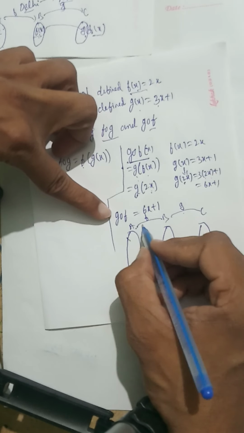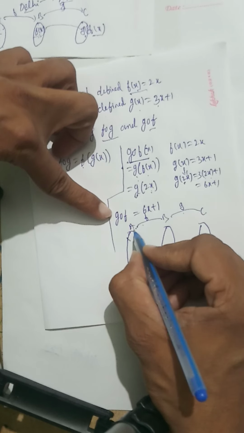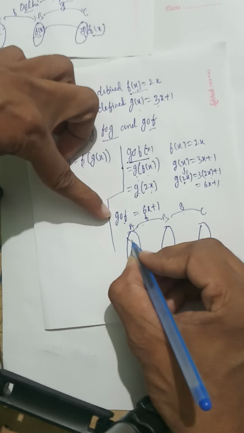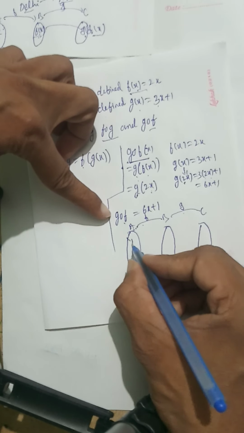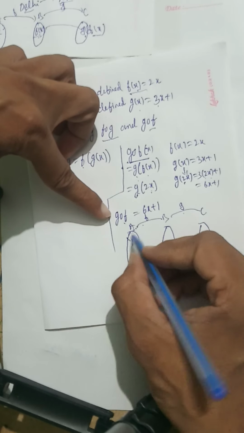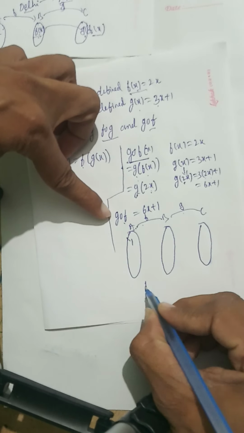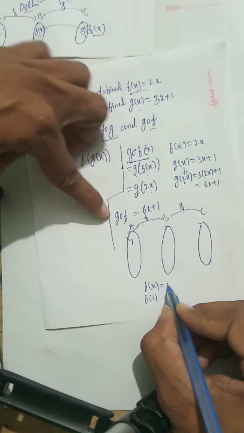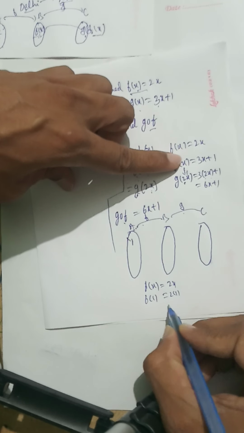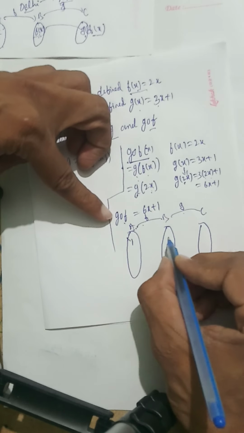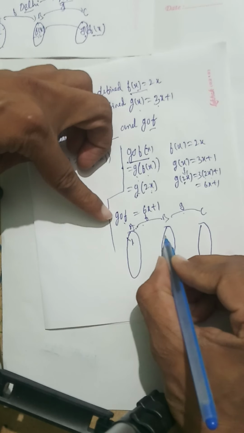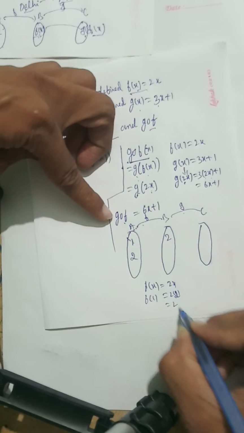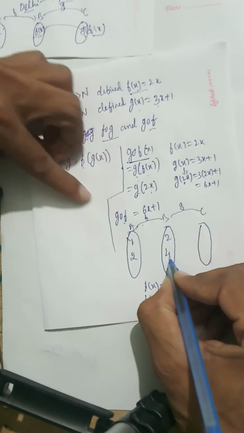The elements in A act as the domain. I will put 1 here as an input. f of x is 2x, so f of 1 is 2. So the input 1 gives range 2. If I put 2 here, 2 2s are 4. I am getting 4 here.